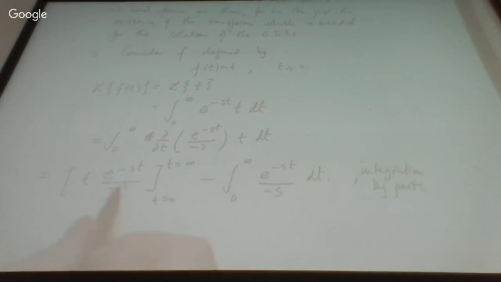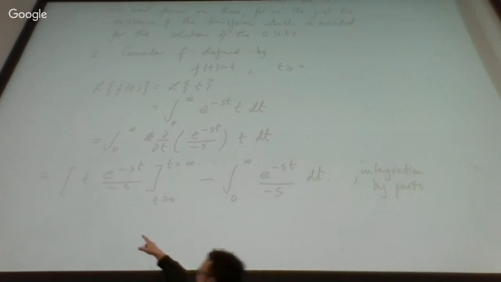Really, we mean taking the limit of it as t goes to infinity. And again, this limit will exist for certain values of s. When s has a real part bigger than 0, then that exponential e to the minus st is going to be converging to 0, exponentially fast, which is much faster than the t is increasing.